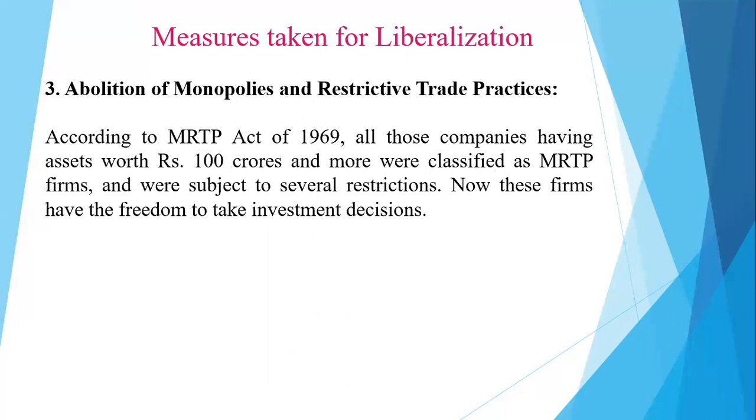The capital investment limit fixed earlier has been removed. Companies falling under the MRTP Act are given concessions. They no longer require prior government approval and they are free to expand themselves.